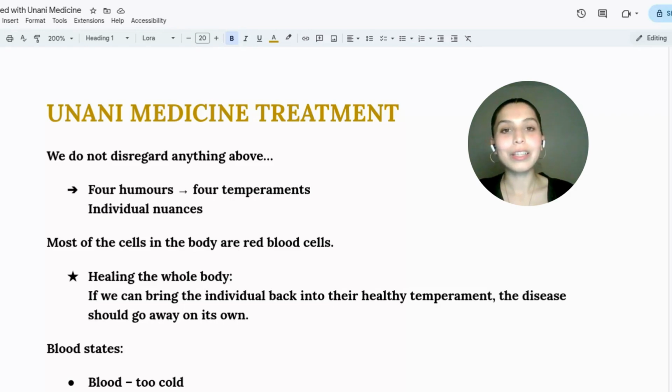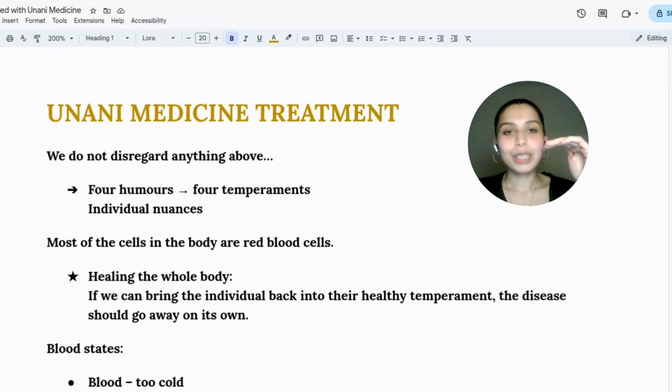If anything, the functional approach is a very holistic, well-grounded approach. But to critique it in one way, or to give it just one critique as a Unani practitioner, is that it does not target or include the individual's temperament.